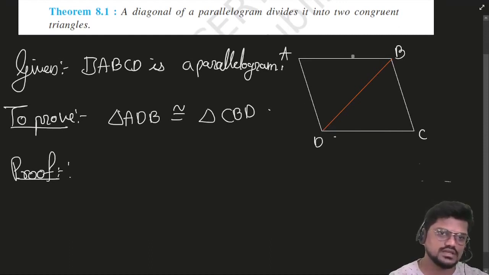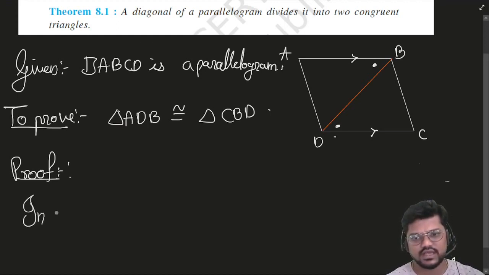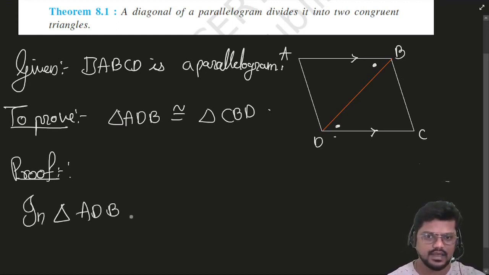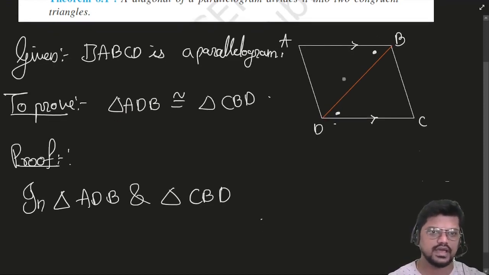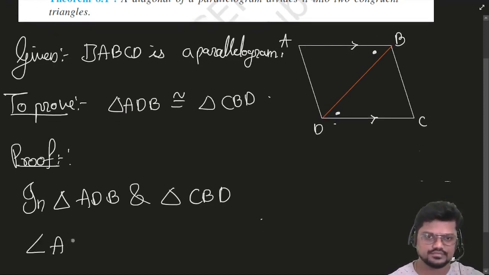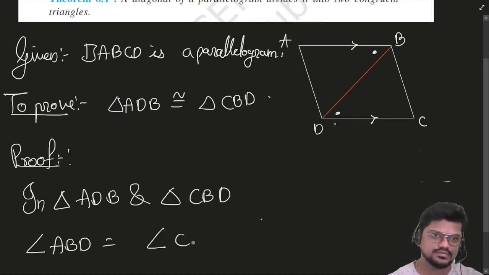See, we know that this line is parallel to this line. Right? Then this angle will be equal to this angle, yes or no? Yes. In triangle ADB and triangle CBD, angle ABD is equal to angle CDB.